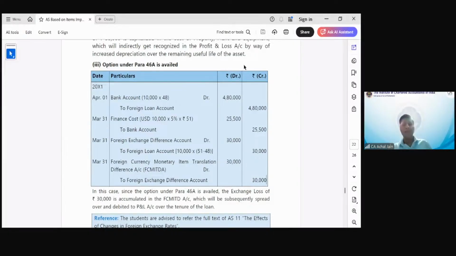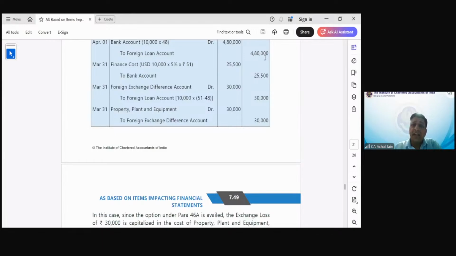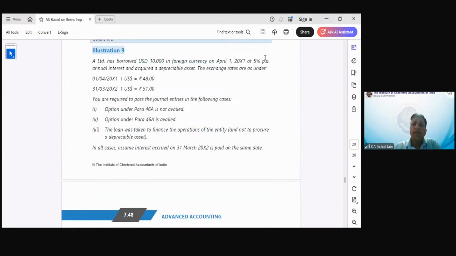Second option, okay. So the second option says that you are using this loan for acquiring the machine or maybe any item of PPE which is depreciable. The question says that in the second option you will consider that para 46A is availed.